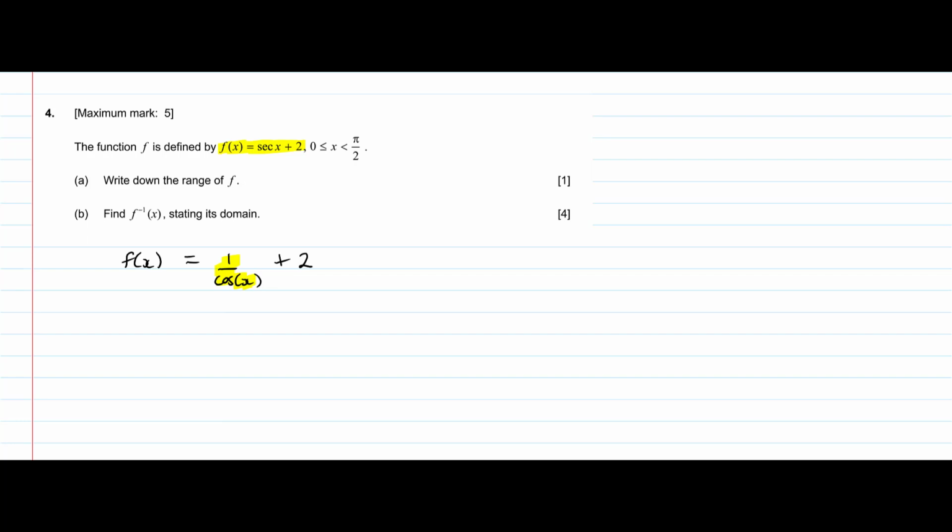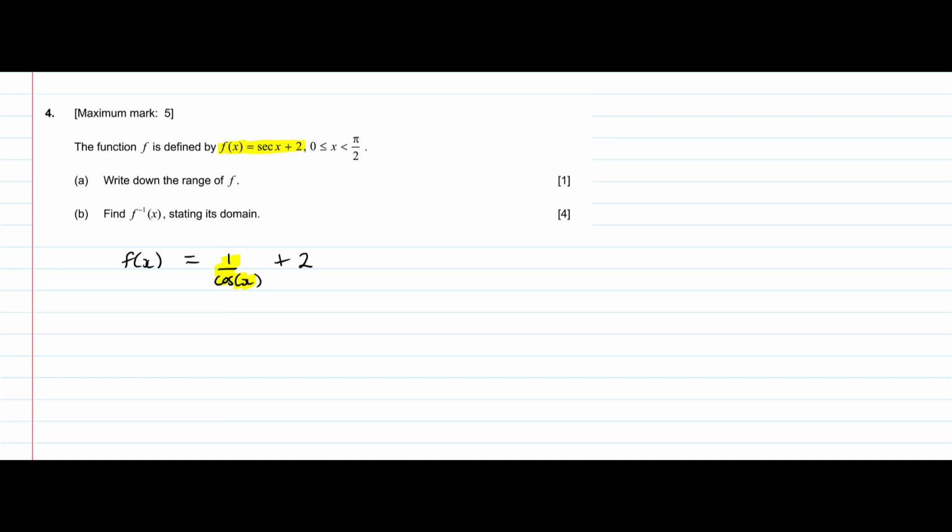And as we go from 0 toward pi over 2, cos of x is actually going to get smaller and smaller. It's going to approach 0. So when x is super close to pi over 2, that means cos of x is going to be very, very close to 0. So for that first term, 1 over cos x, we're going to get 1 divided by some really, really small number.